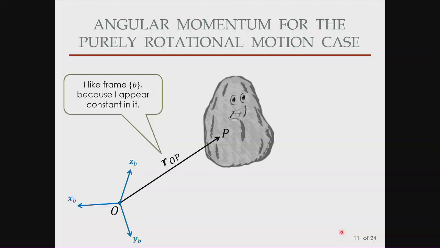So the vector itself is not a fixed vector, it's not stationary, but this frame also moved, right? Because it is attached to the rigid body. So this is at t equals 1, and this is at t equals 2.